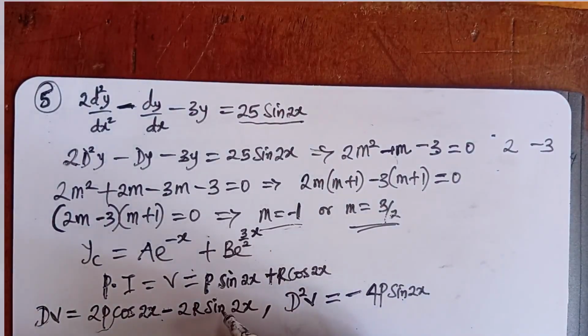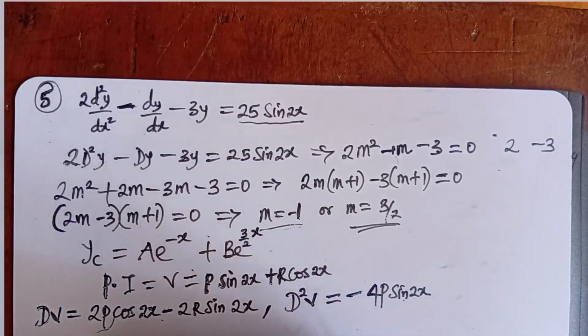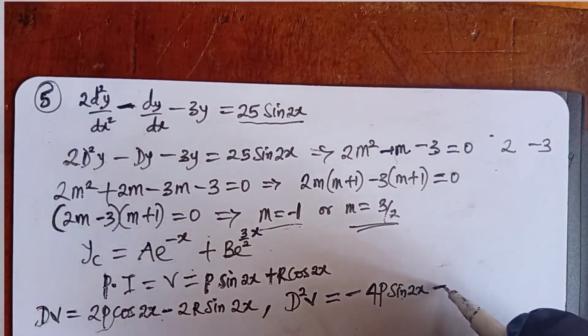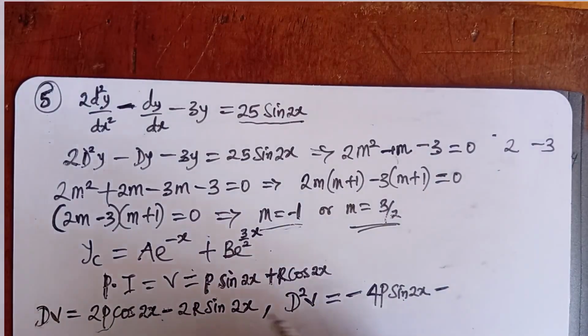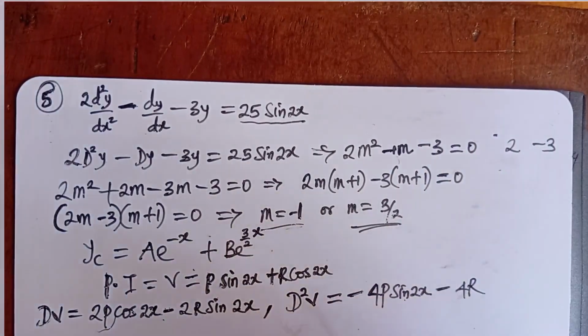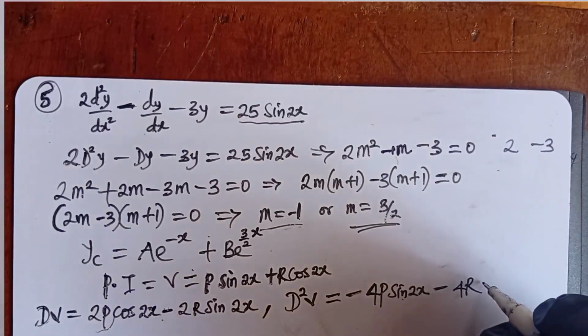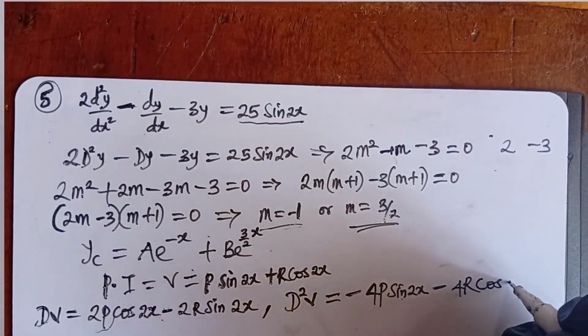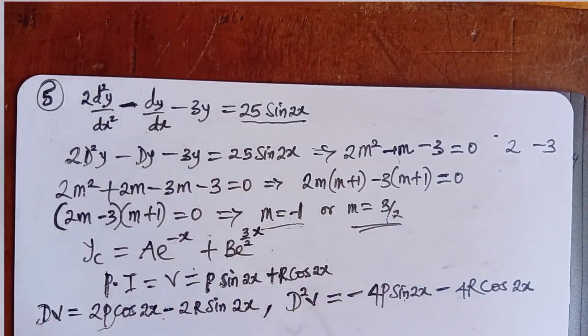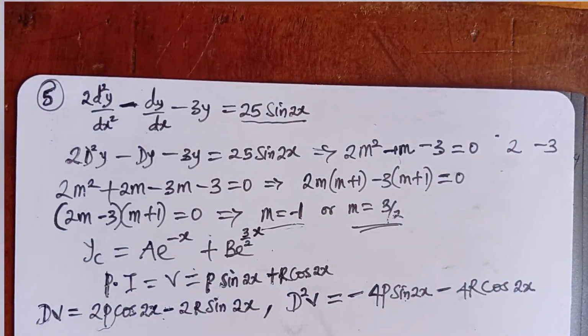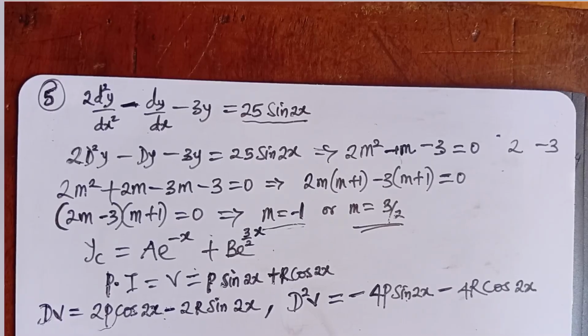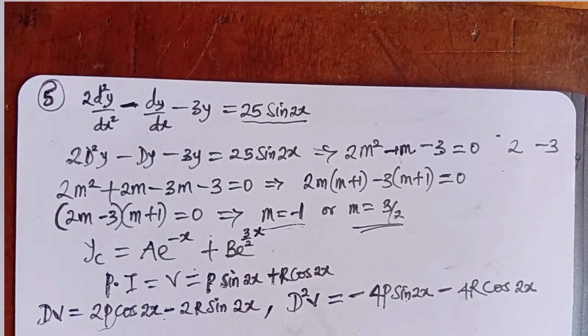Then differentiate sine to get cosine. But there was a minus before. This 2 outside multiplies this one to give me 4r. You get it? Then we have cos 2x. This is d squared v and this is dv. So we can easily do the substitution now into the operator D equation.